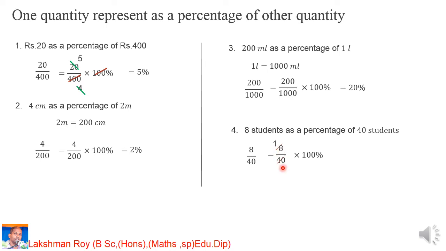That means 8 has 1 eight, 40 has 5 eights. Now 100 and 5 can simplify by 5. 100 has 20 fives, 5 has 1 five. So then 20 and 1 multiply, and you get 20%.